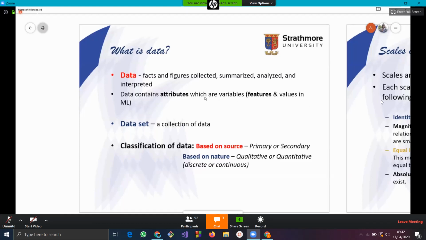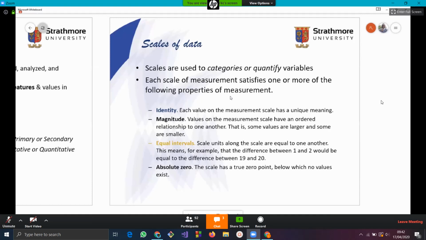Now, the most important thing I will point out here: data has scales. A scale is used to quantify variables in a data. And there are 4 important scales that we are going to look at that you must know. Before we look at those 4 scales, there are what we call properties of a scale. There are 4 properties of a scale, and any given scale has one or more of these properties.